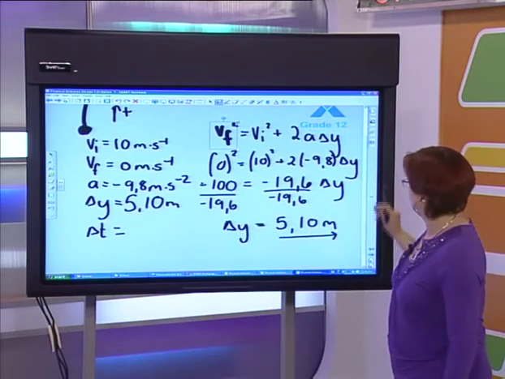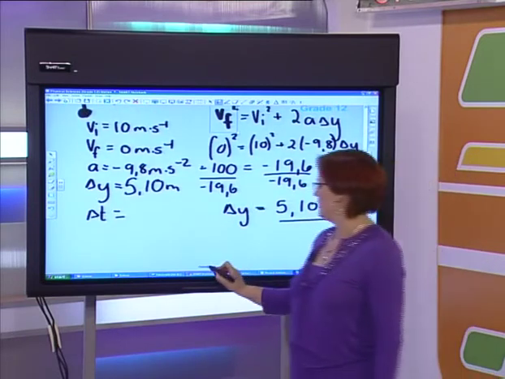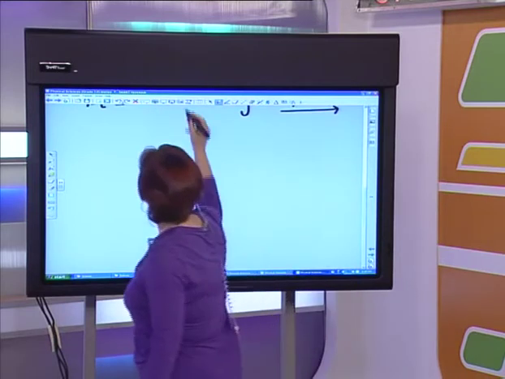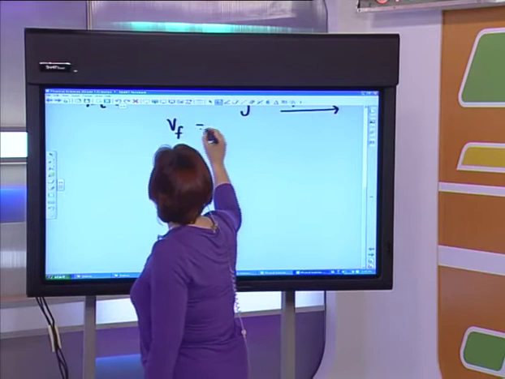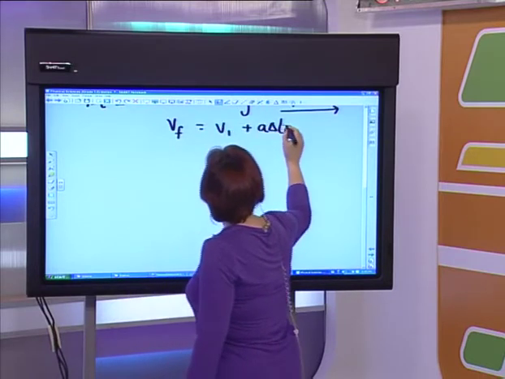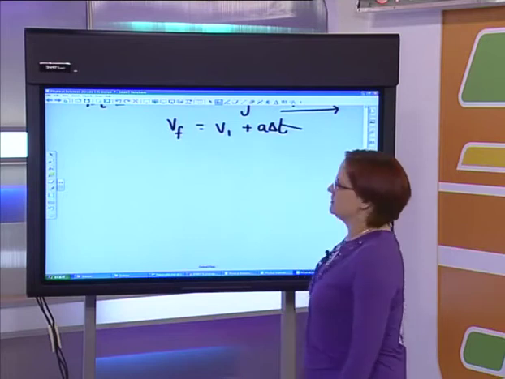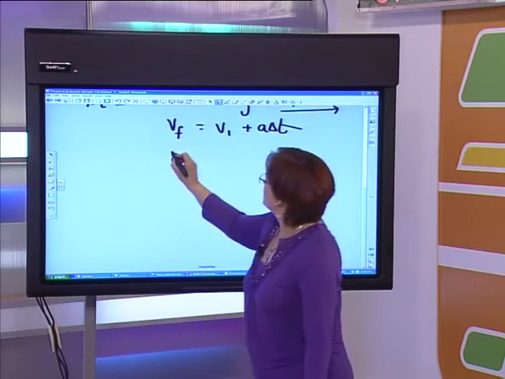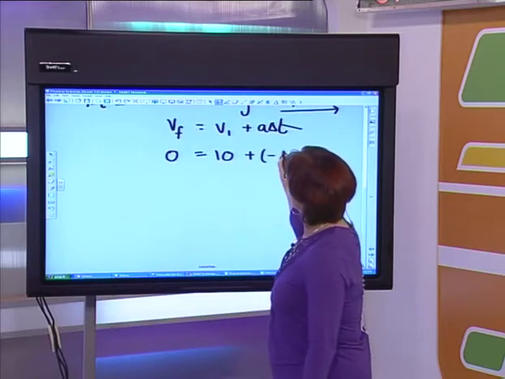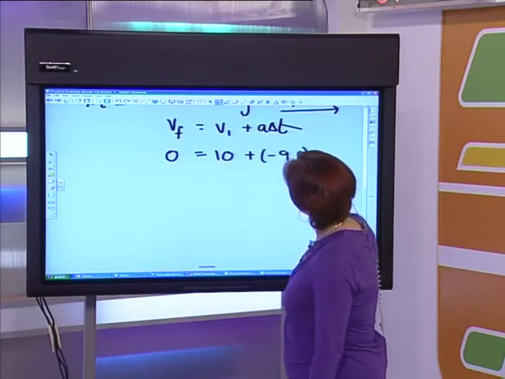Because of the information we're given, we can use the equation vf equals vi plus a delta t, and my t's gone for a run. So that's 0, and that's 10 minus 9,8.